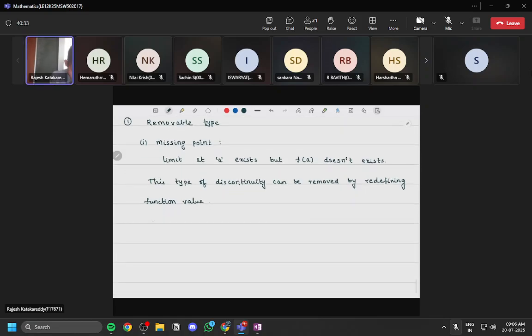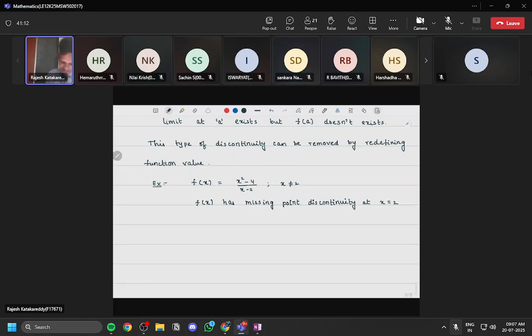So example, let us take f of x is equal to x square minus 4 by x minus 2, x not equal to 2. So here f of x has missing point discontinuity at x is equal to 2.